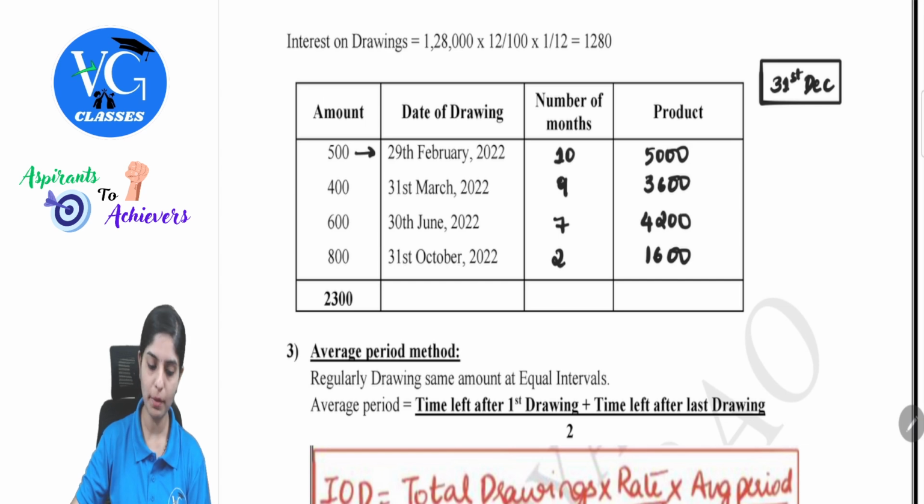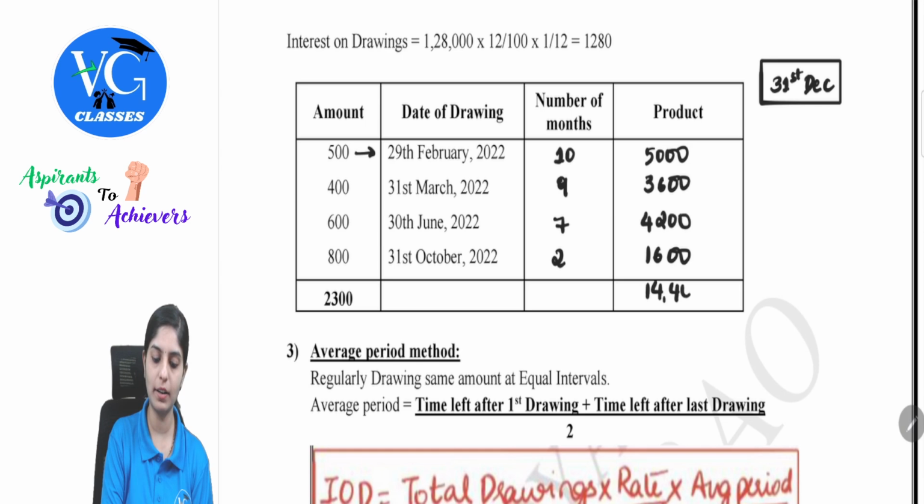What is my total product? 5,000 plus 3,600 plus 4,200 plus 1,600. This is 14,400. Let's assume the rate of interest is the same, 12%, into 1 by 12.